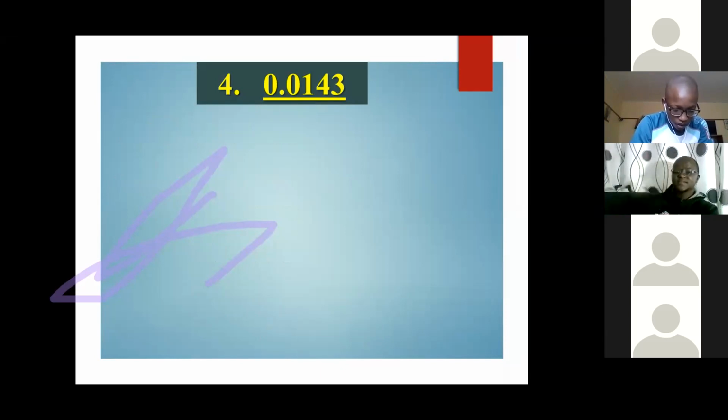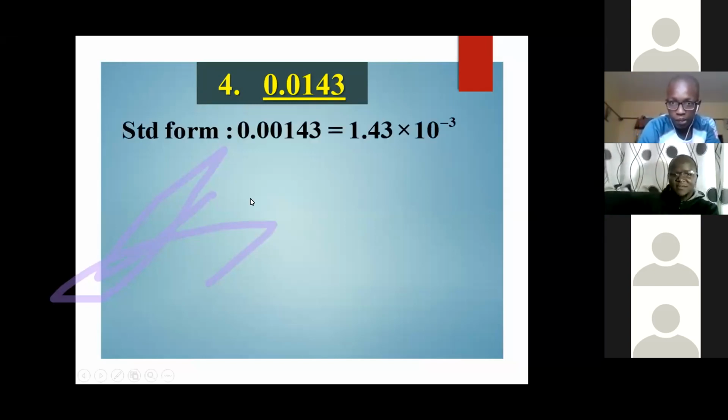In standard form, 1.43 times 10 raised to power negative 2. That is okay.